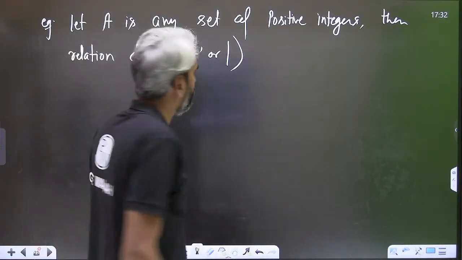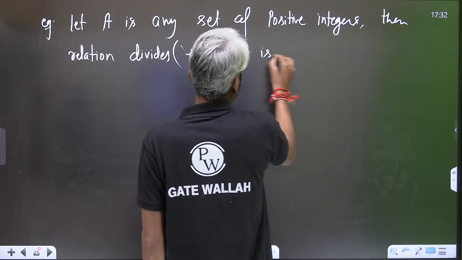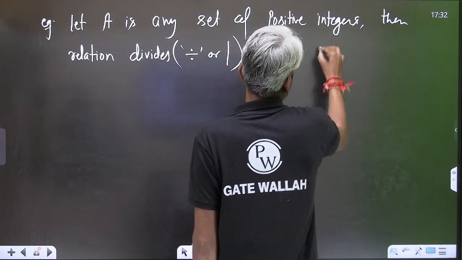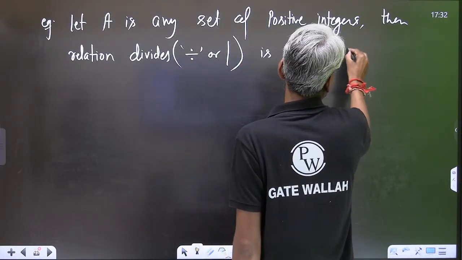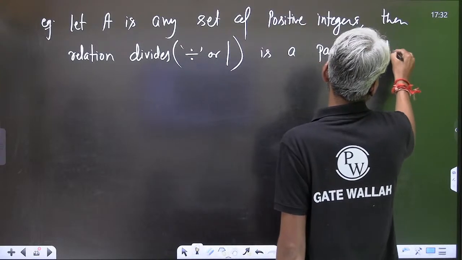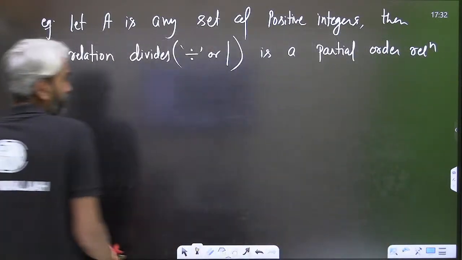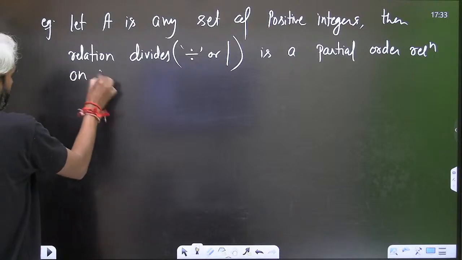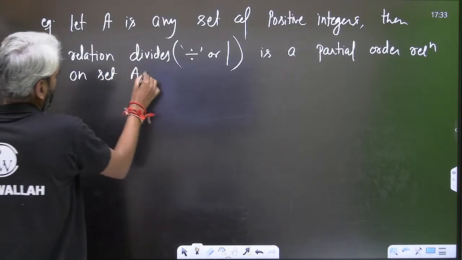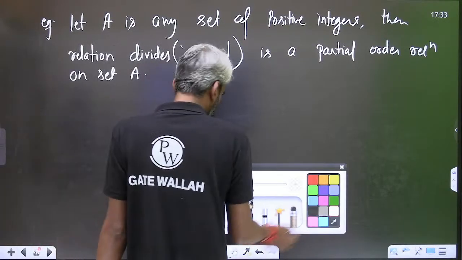The relation divides is a partial order relation on set A. Come on, you can actually check this.